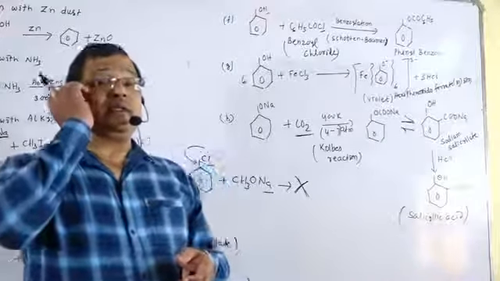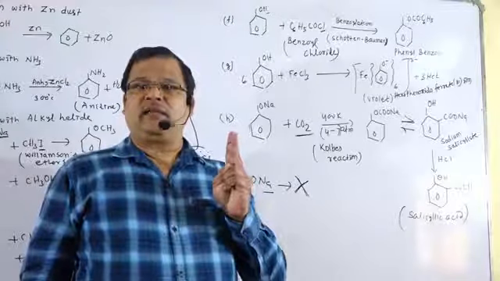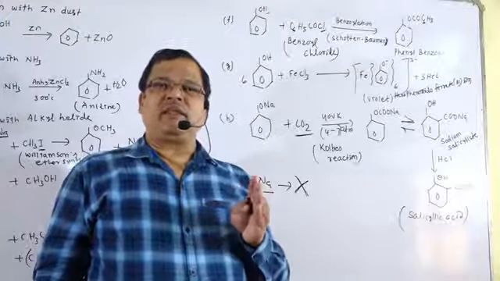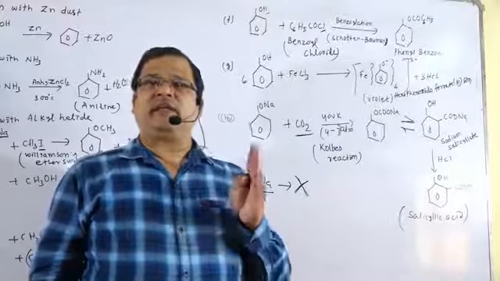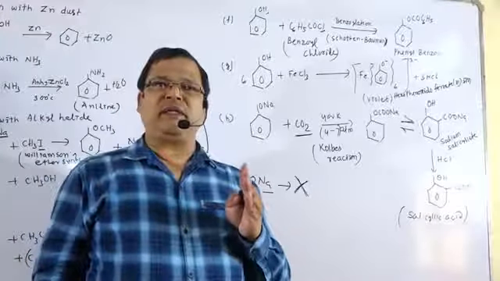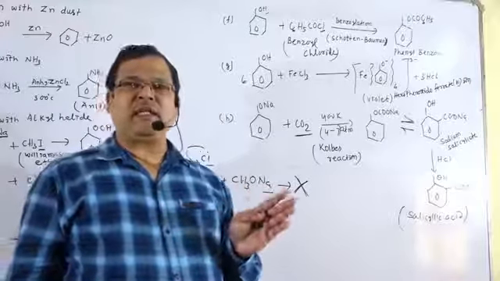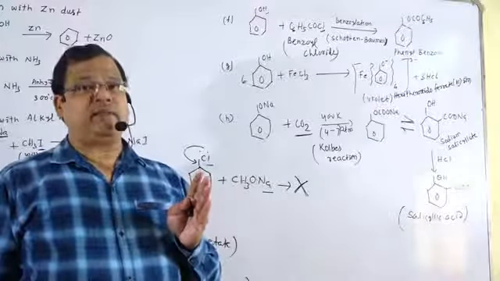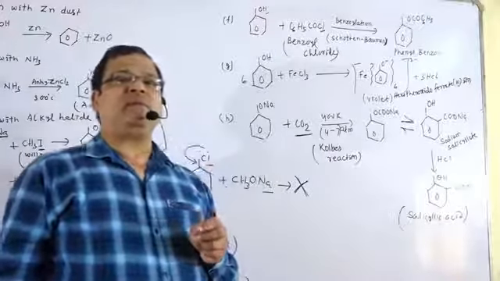So orthohydroxybenzoic acid can be prepared either by the Reimer-Tiemann reaction, where phenol is treated with carbon tetrachloride in presence of NaOH at 343 Kelvin, or by the Kolbe reaction, where carbon dioxide gas is passed through sodium phenate at about 400 Kelvin, 4 to 7 atm pressure, followed by acidification, giving orthohydroxybenzoic acid.